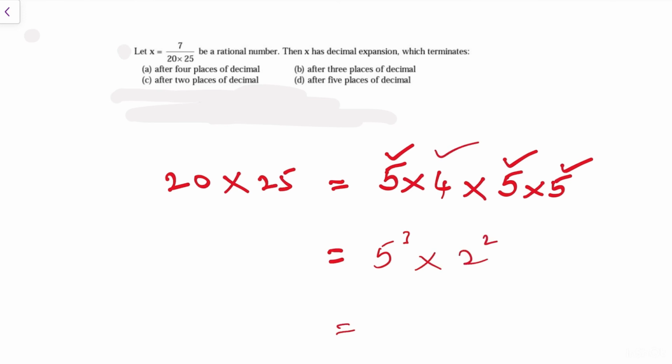As I already said in the previous questions, to find out after how many decimal places it will terminate, we need to check the base which has the biggest power. Here for 5 the power is 3, whereas for 2 the power is 2 only. So 3 is the biggest number, then it will terminate after 3 decimal places. So after 3 places of decimal, option B is the correct option.